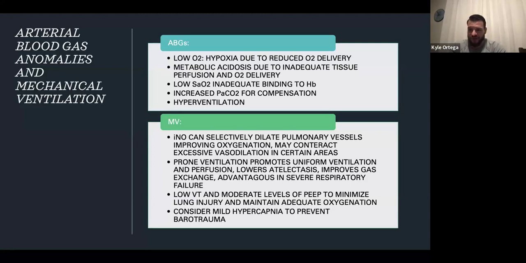It's very helpful in severe respiratory failure. With mechanical ventilation in these patients, you want low tidal volumes and moderate levels of PEEP to minimize lung injury and maintain adequate oxygenation. You probably want to keep their CO2 a little elevated just to prevent barotrauma. So hypercapnia, we're not worried about in this situation.